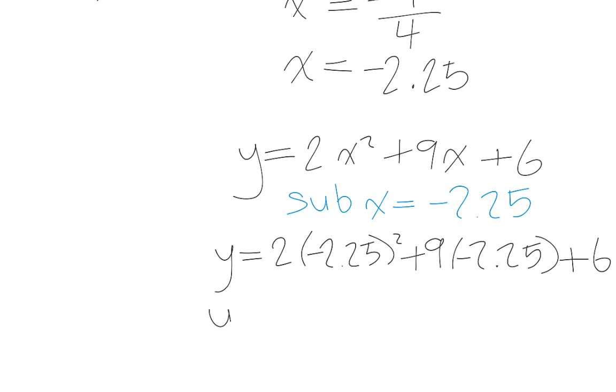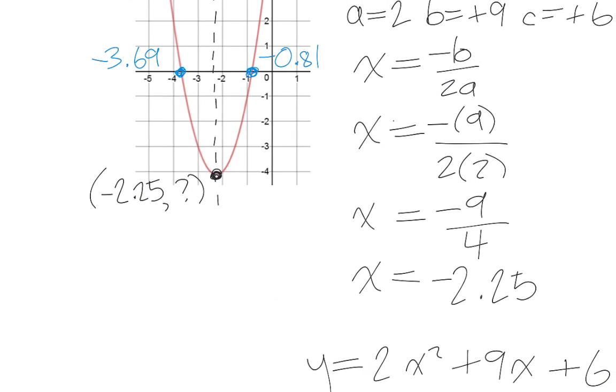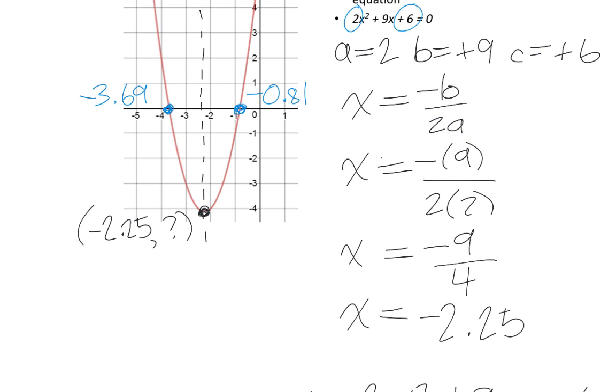Okay, and don't forget, you need to do BEDMAS when you're simplifying this. I'm going to skip through all the steps and go straight to the answer. The answer is negative 4.125. Now let's double check our diagram to see if that makes sense. And yeah, it does look very reasonable.